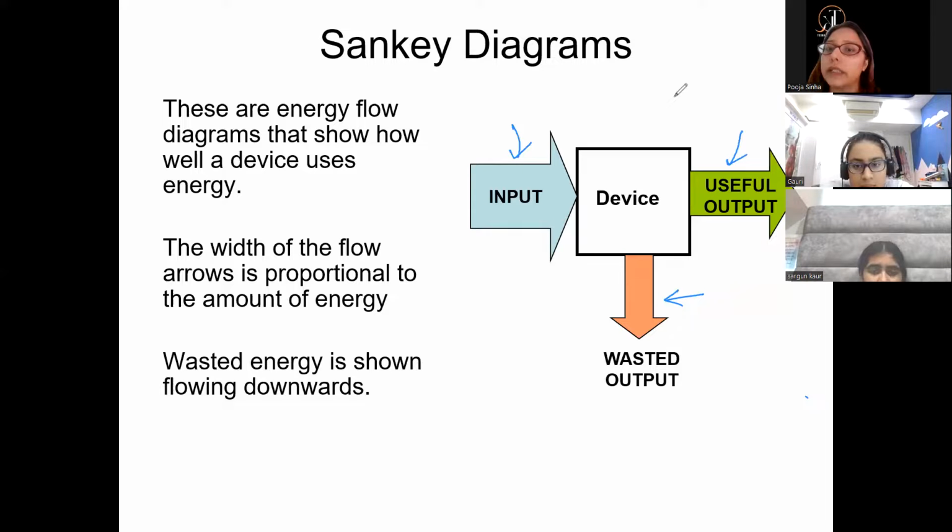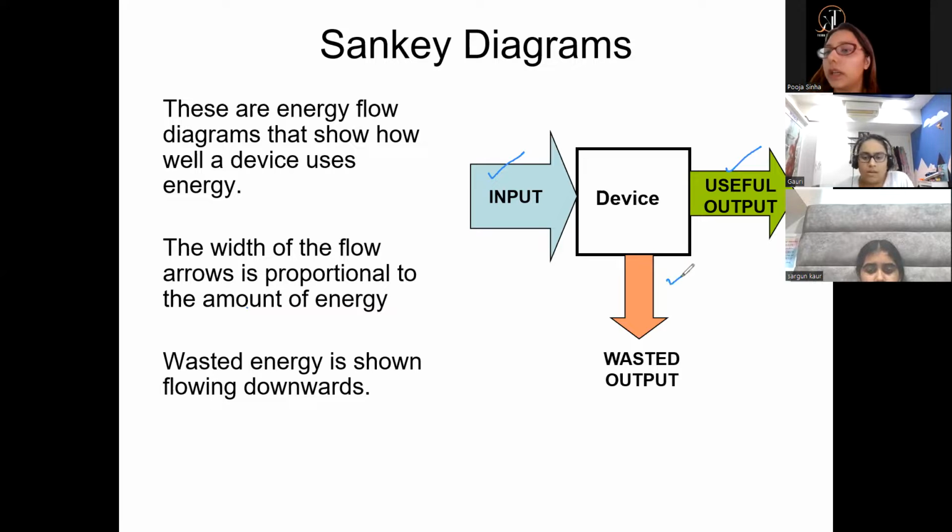Okay, so it's an energy flow diagram that shows how a device uses the energy. The width of the flow of arrows is proportional to the amount of energy. So if you look at the input, bada dikhaya hua hai, right? Input is always bigger than the output, right?